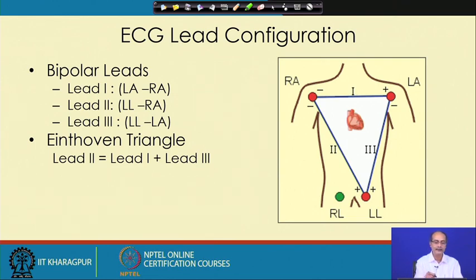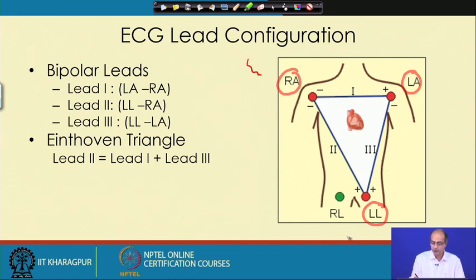Now, to know that lead 1, lead 2, lead 3 configurations, first we need to look at how actually it is acquired. It is taken from first of all the left arm one point, then right arm and the left leg.